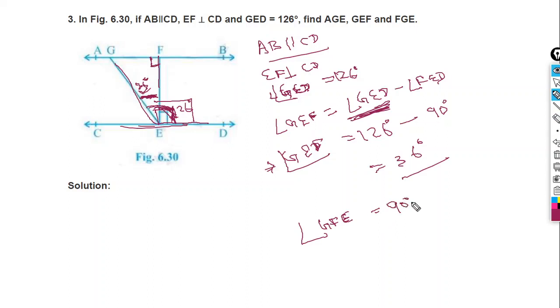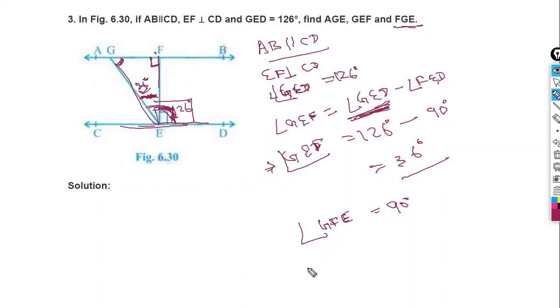So now in this triangle EFG, you have this angle GEF as 36 degrees and another angle GFE as 90 degrees. Now you can find this angle FGE, isn't it? The sum of three angles of a triangle is 180 degrees. In this way we can find FGE.